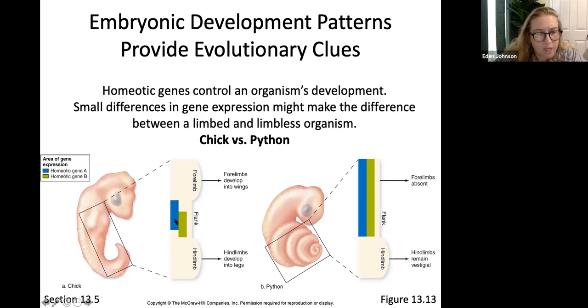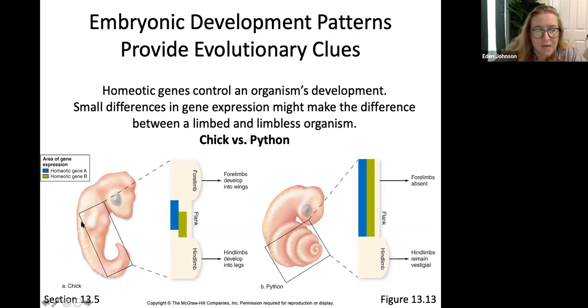So you've got homeotic gene A and homeotic gene B. They're overlapping in parts, but not overlapping in other parts. And where they are absent, you're going to develop limbs, forelimbs and hind limbs. So you can see the hind limb right there. This looks just like my little baby at 5 weeks.